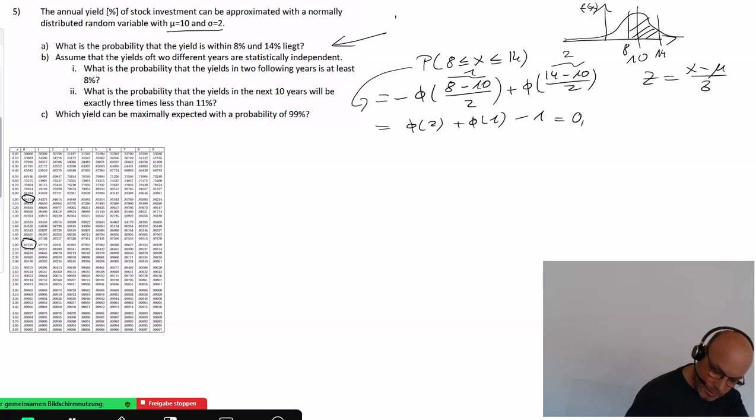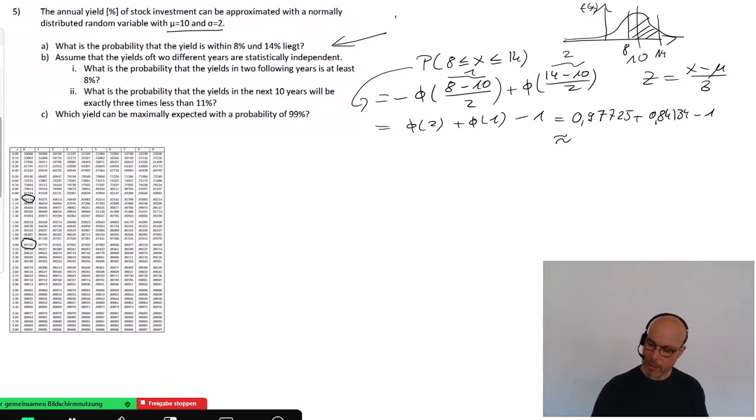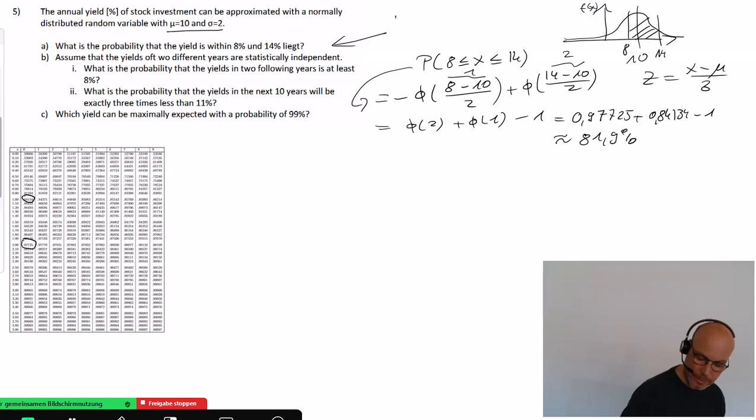So 0.97725 plus our known 0.8413 minus 1 equals roughly 81.9%.